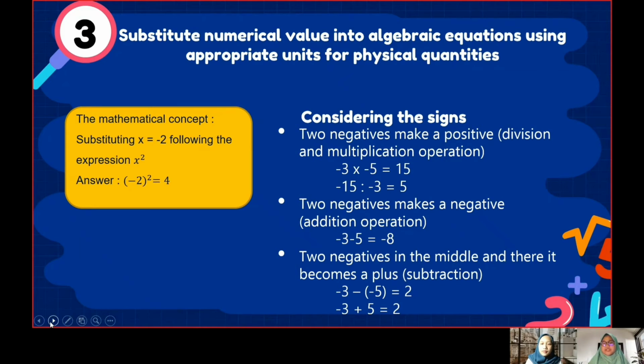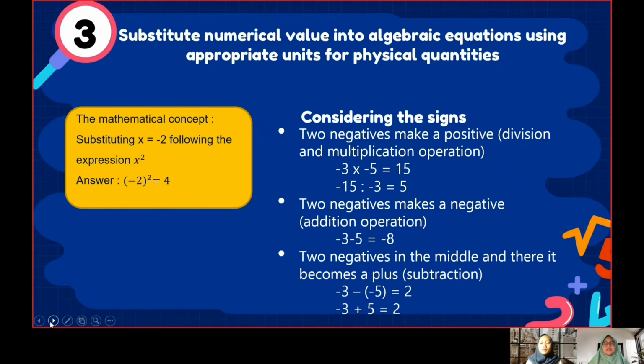If there are two negatives, it will make a positive. It occurs in division and multiplication operations, such as -3 times -5 equals 15, and -15 divided by -3 equals 5. And if there are two negatives in addition, it will make a negative, such as -3 plus -5 equals -8.